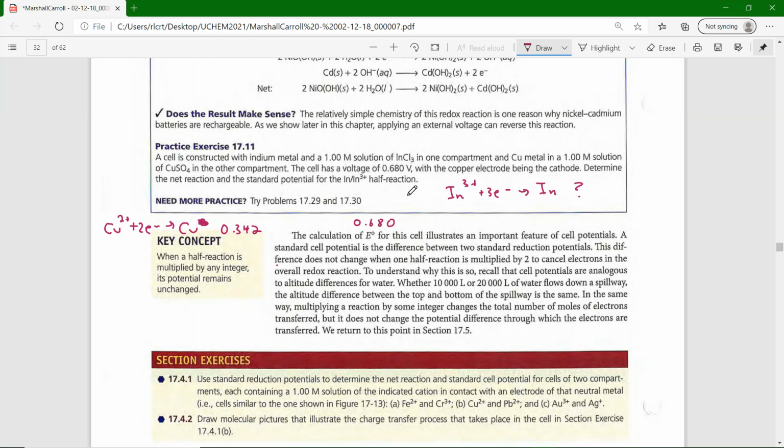Oh, here. I thought I was going to have to make a guess here, but it says the copper electrode is the cathode. That means it's going to be higher up. So 0.680 equals 0.342 minus the indium value.